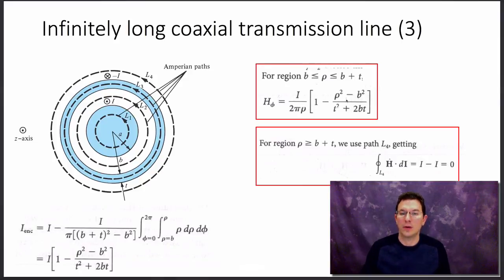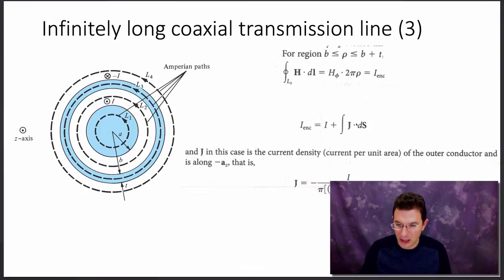And that's where this term comes from. When you do that integration to get your total I enclosed, it is this I from here plus the integral of this thing, rho going from a up to rho, and then from 0 to 2 pi.